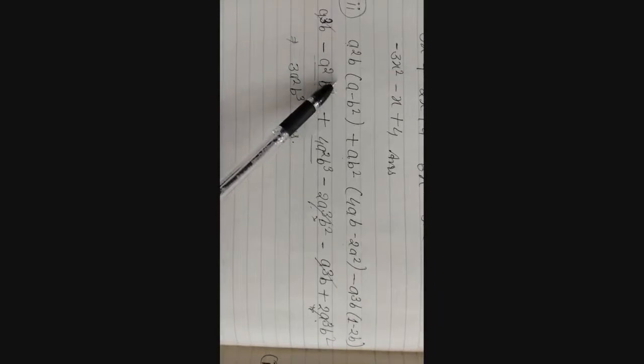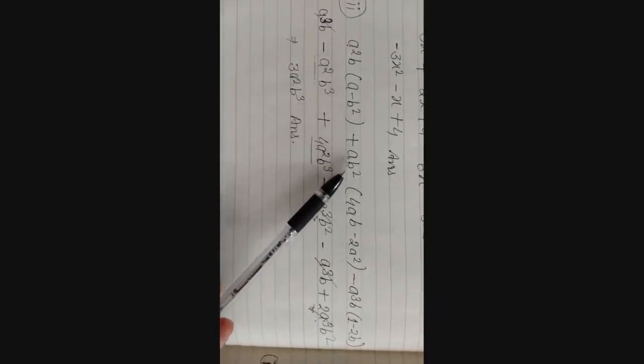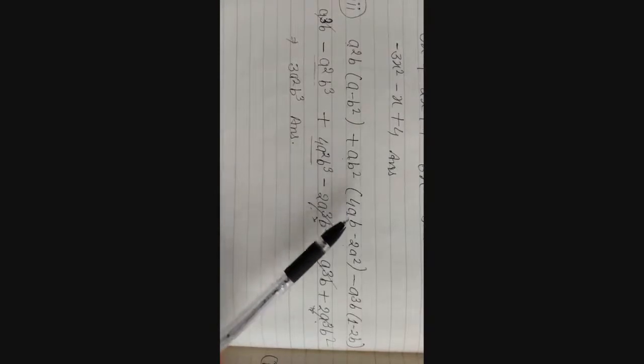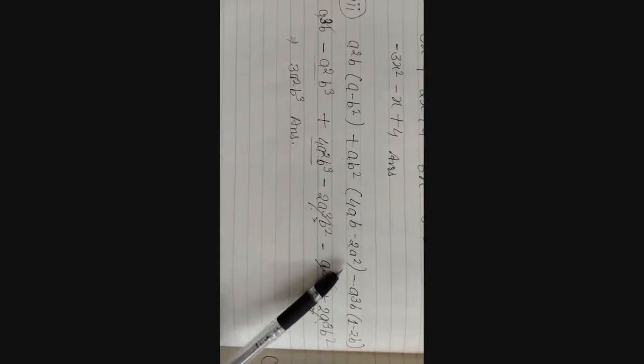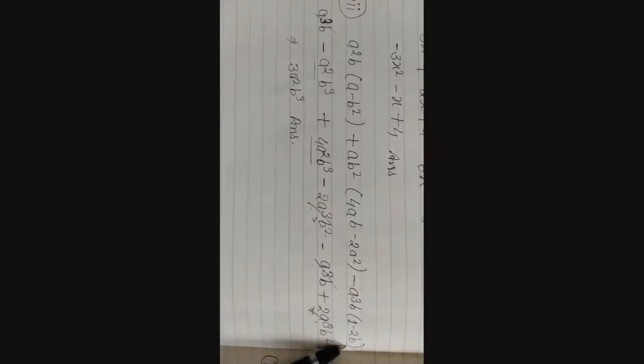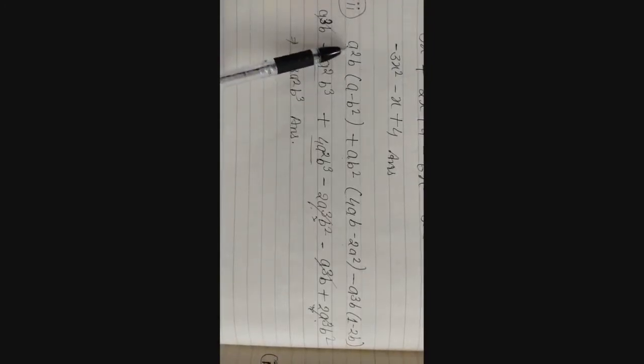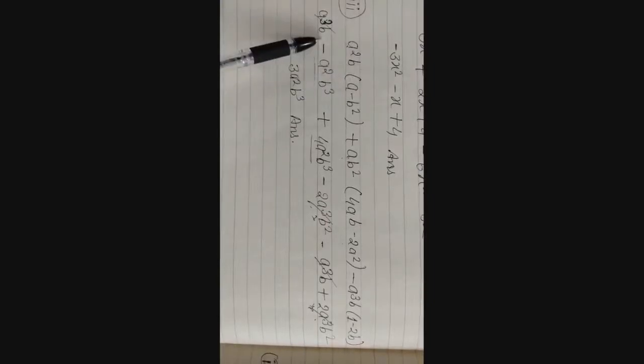Next question is a²b(a minus b²) plus ab²(4ab minus 2a²) minus a³b(1 minus 2b). So firstly this a²b will multiply with this a, so this will become a to the power 3 b.